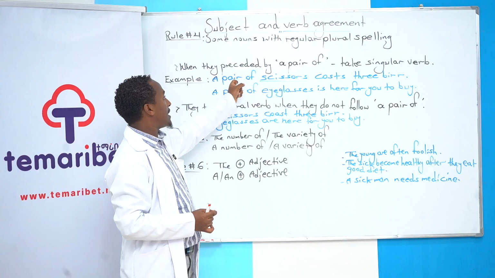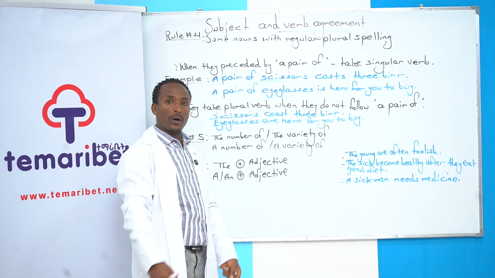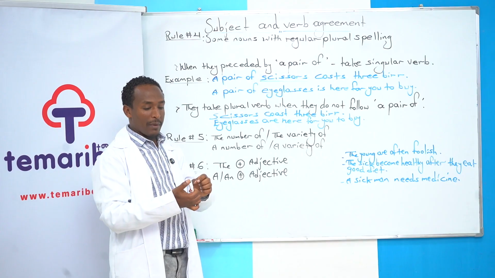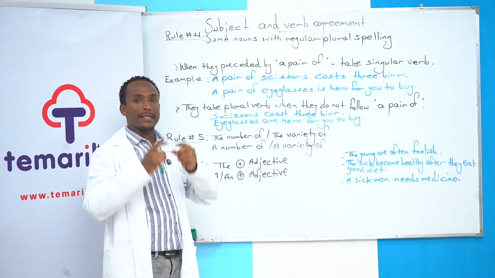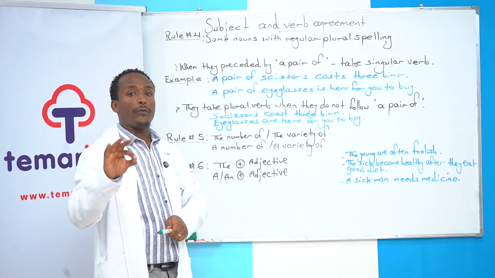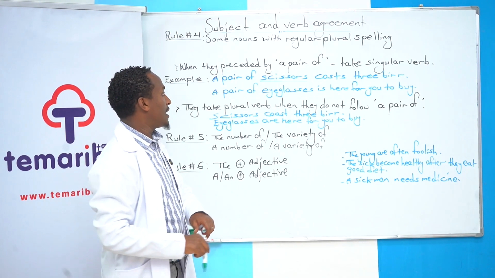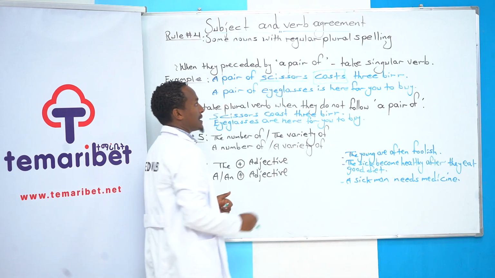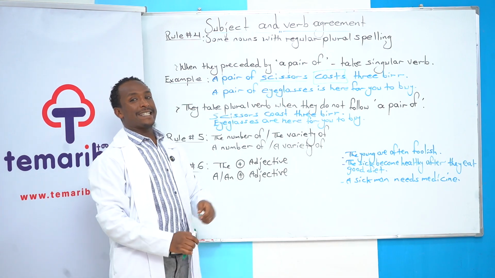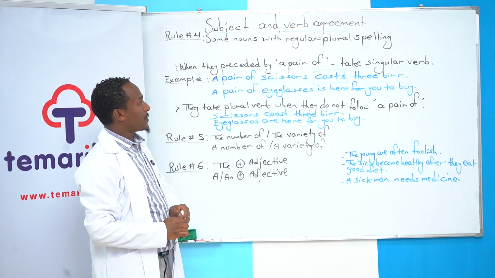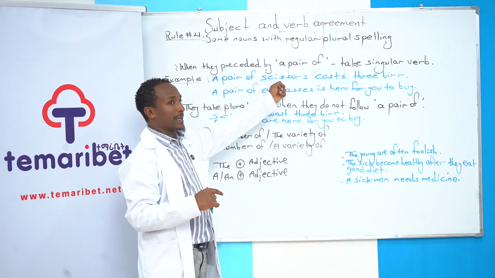So we must add a pair of trousers, a pair of shirts, a pair of maybe eyeglasses, a pair of sunglasses, a pair of binoculars. A pair of makes the noun singular. That's why we use the verb with s, okay, with s. A pair of scissors costs 3 birr, okay? You are talking about one of the object, okay?